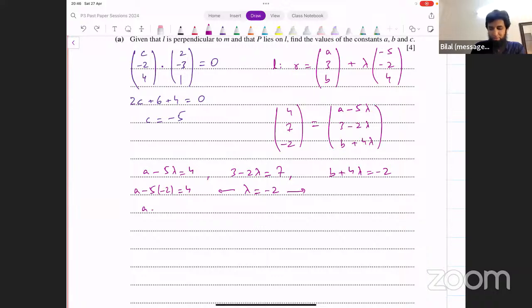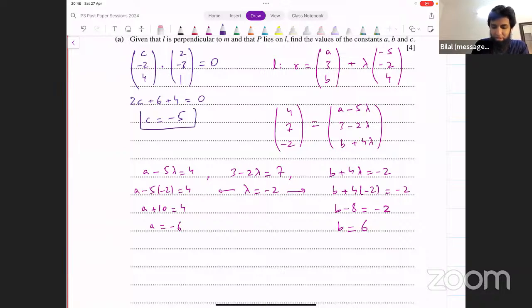Let me do one more step. a plus 10 equals 4. That means a equals minus 6. And then in the other equation, b plus 4 into minus 2 equals minus 2. That means b minus 8 equals minus 2. And the value of b turns out to be plus 6. So a equals minus 6, b equals 6, and the value of c equals minus 5. These were the three values that we were looking for.